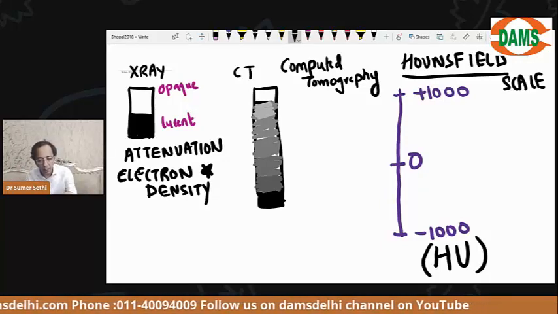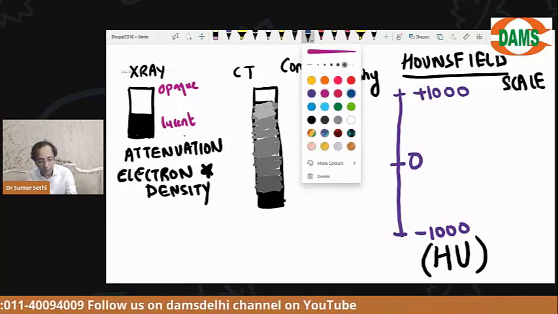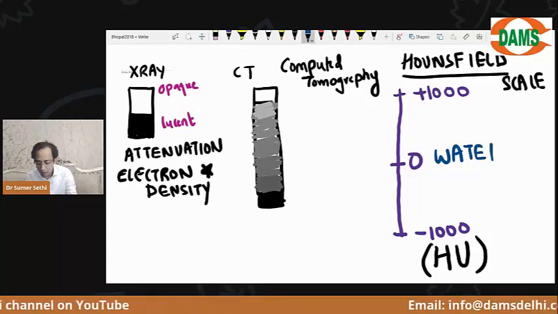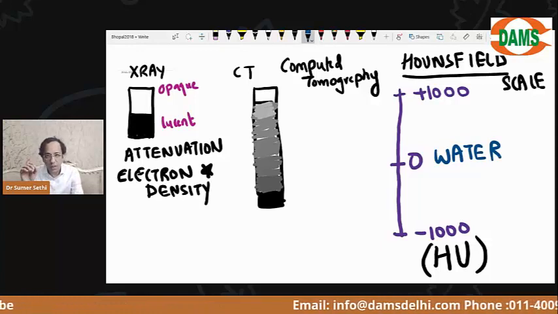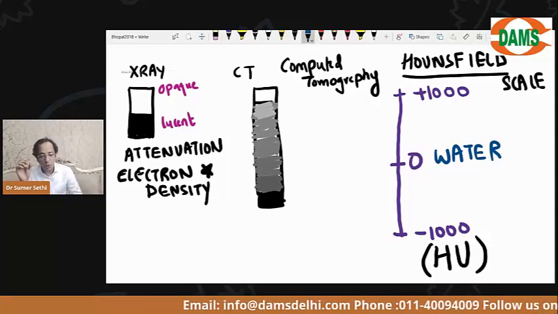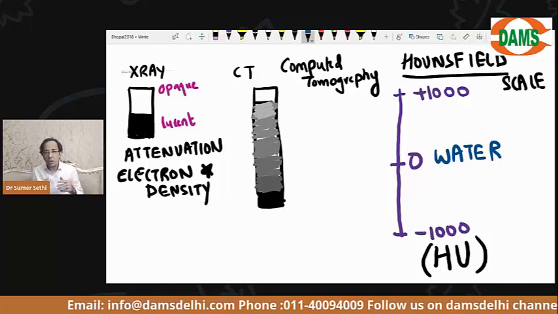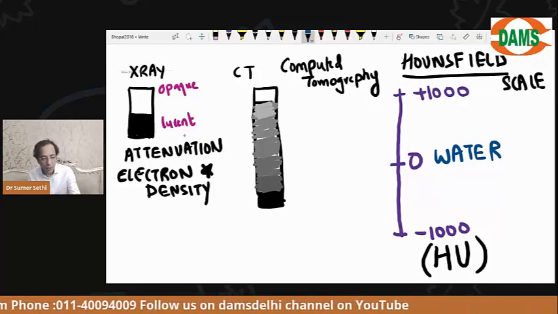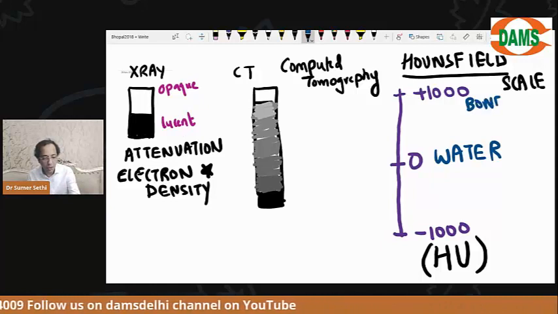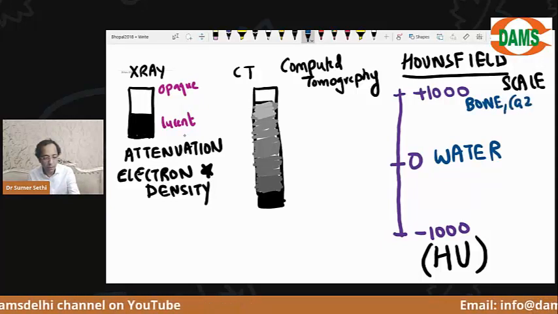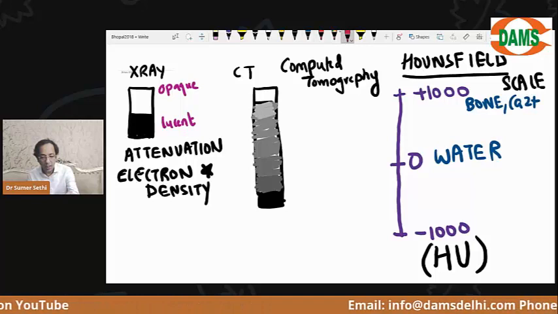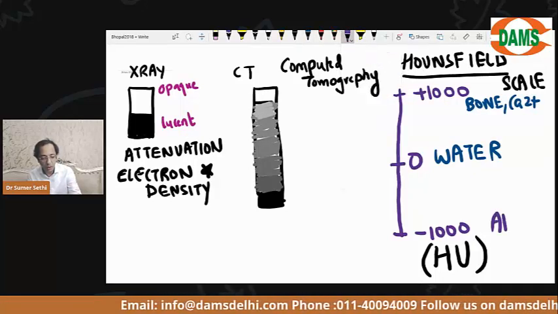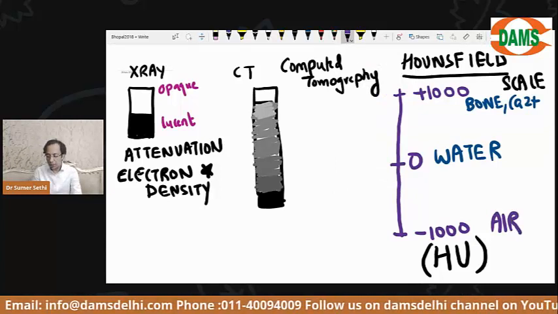And arbitrarily, he decided water will have a Hounsfield number of 0. So the Hounsfield coefficient of water is 0. So anything which can stop X-rays much more than water will be at +1000, which is bone and calcium. And anything which is stopping the X-rays much less than water is air. It will be at -1000.